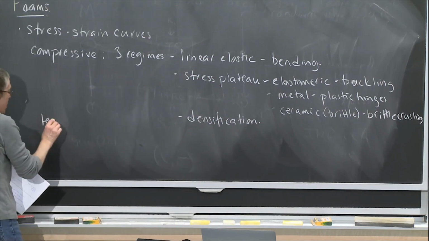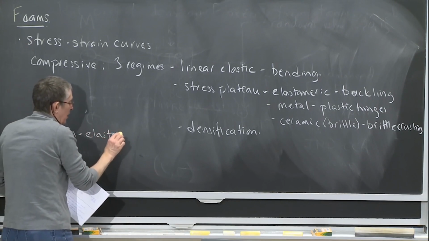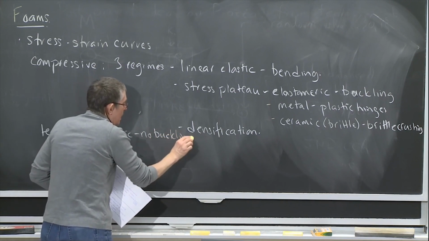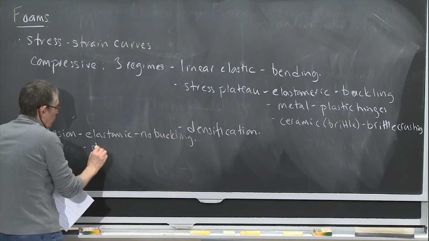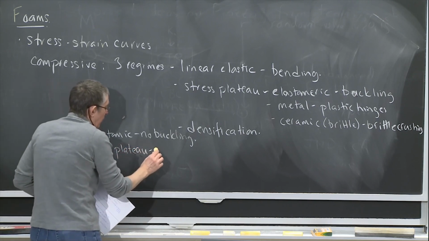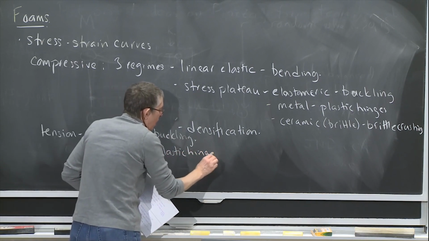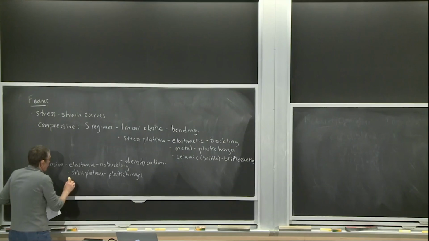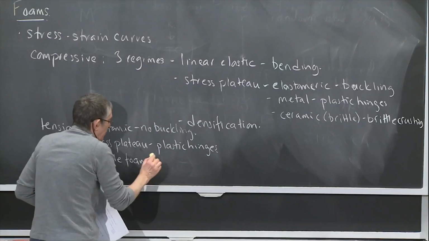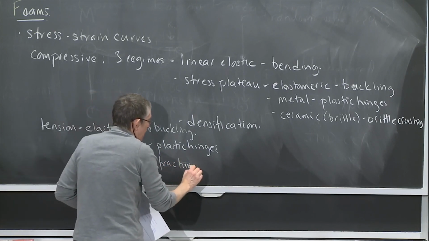And in tension, just like the honeycombs, for the elastomeric materials, there is no buckling. We can get a stress plateau from plastic hinges, if there's, say, a metal foam. And for a brittle foam, we would get a fracture toughness and brittle fracture in tension.